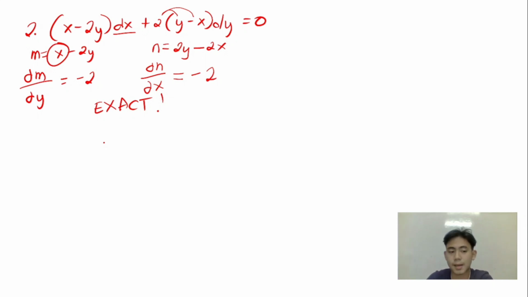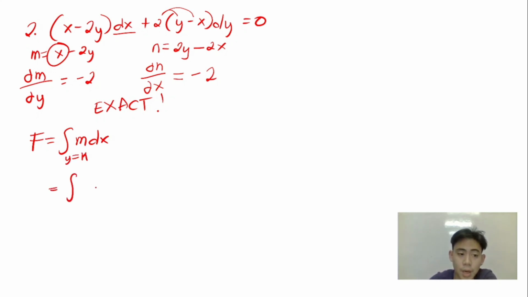Kapag exact na siya, again, we use the two formulas. First, the f is equal to the integral of m dx that y is equal to constant. Substitute natin. Ano nga bang m? Ang m natin is x minus 2y dx. Lahat ng y, set natin as a constant.